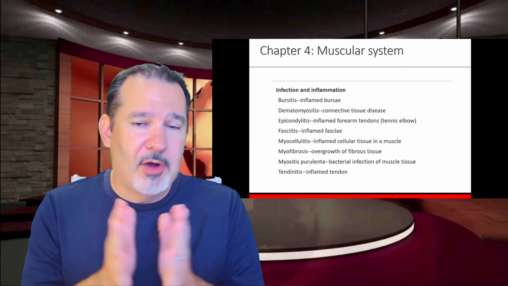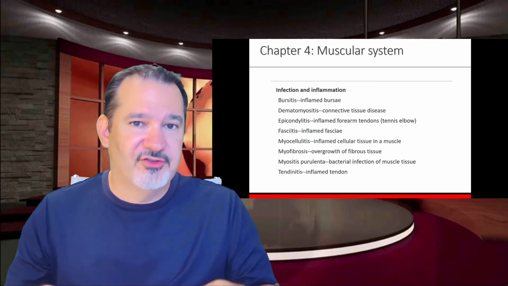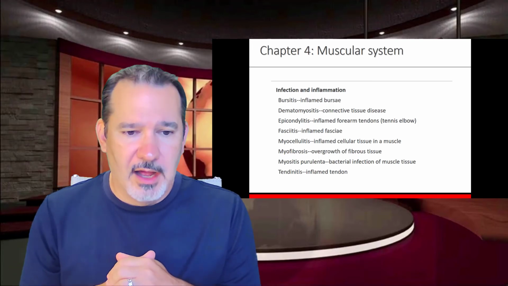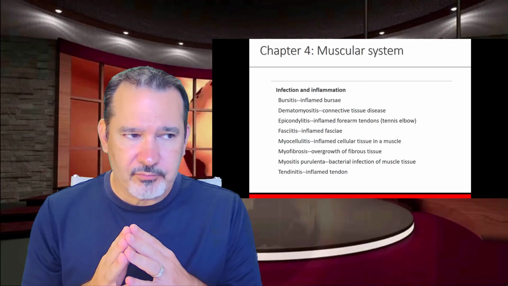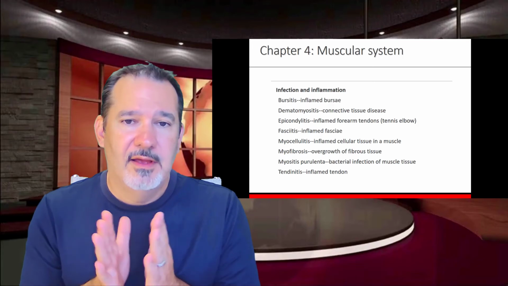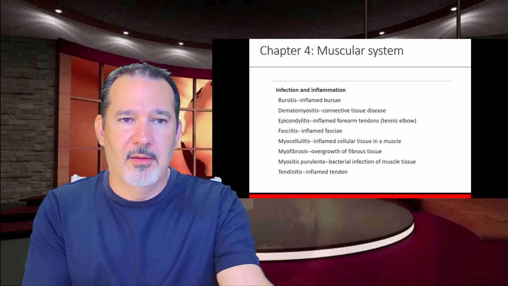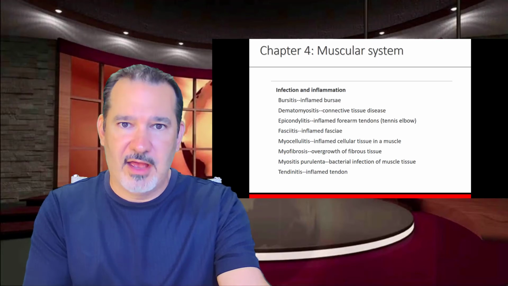Epicondylitis, often referred to as tennis elbow, so that's just an inflammation of the tendon that attaches to the epicondyle in the lower arm, which would be on the ulna side.